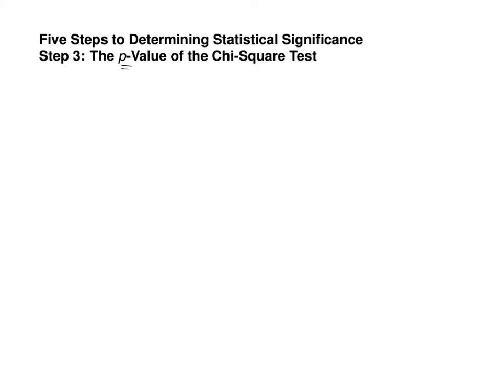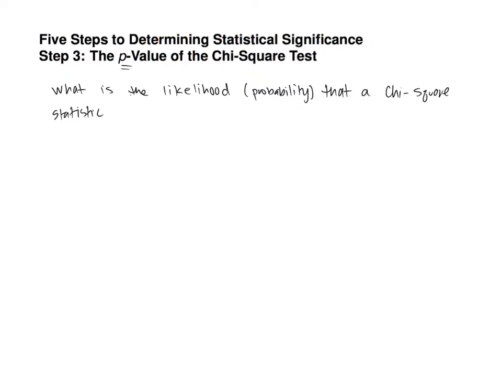What that p-value is answering is the likelihood, or the probability, that a chi-square statistic would be this big or larger if there is no relationship.